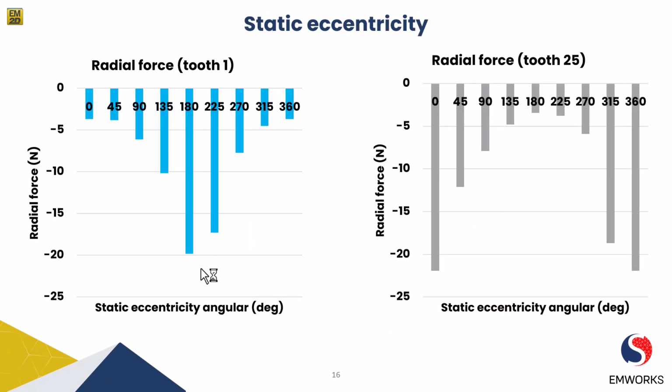Now if we look at the effect of these on the radial forces based on different angular positions, for tooth 1 it increases when the rotor is close to tooth 1, but at the same time the radial forces are lowest for tooth 25, and vice versa. So depending on the angular position, the profile of the forces remains the same as we saw in the previous results.